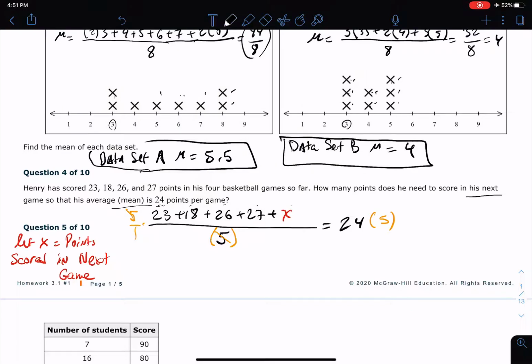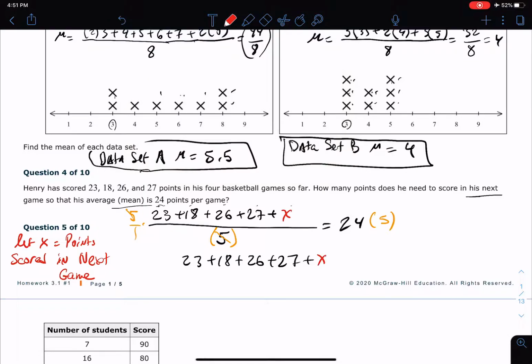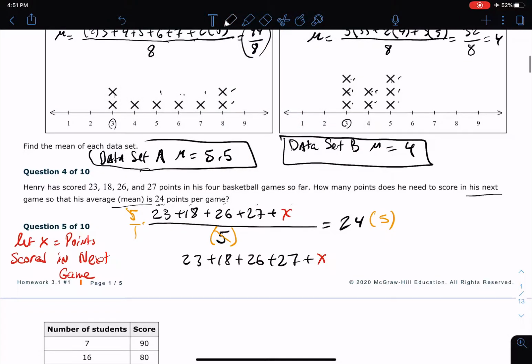So now we have 23 plus 18 plus 26 plus 27 plus this x, and that all equals 24 times 5, which is 120.